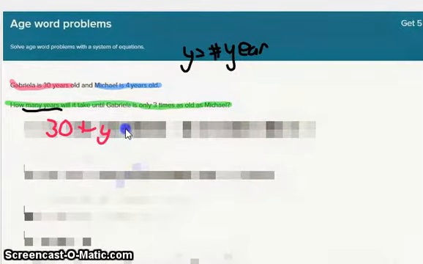But we also need to remember that we're looking for 3 times Michael's age. So we need to do 3 times Michael's age. And we know Michael at this time was 4 years old. And we need to equal how many more years it's going to be. So now we have that set.